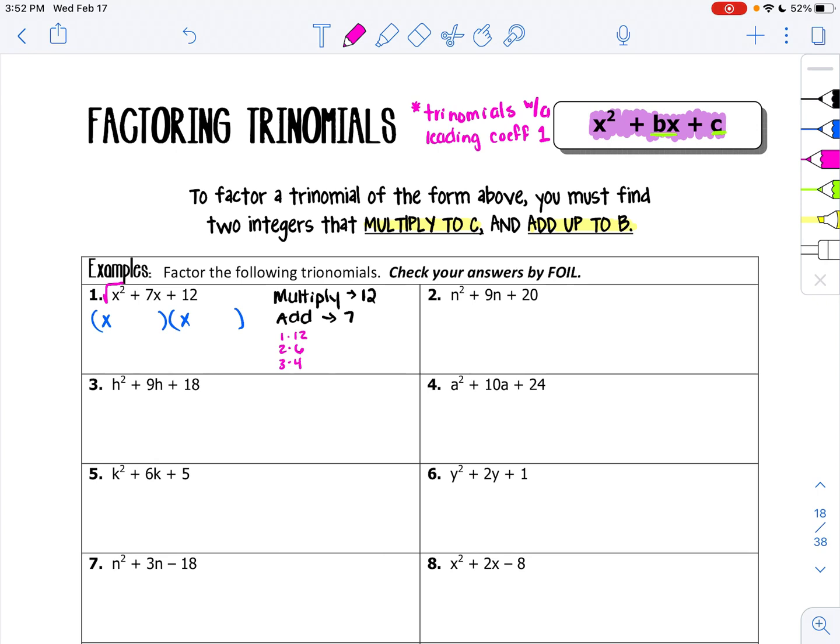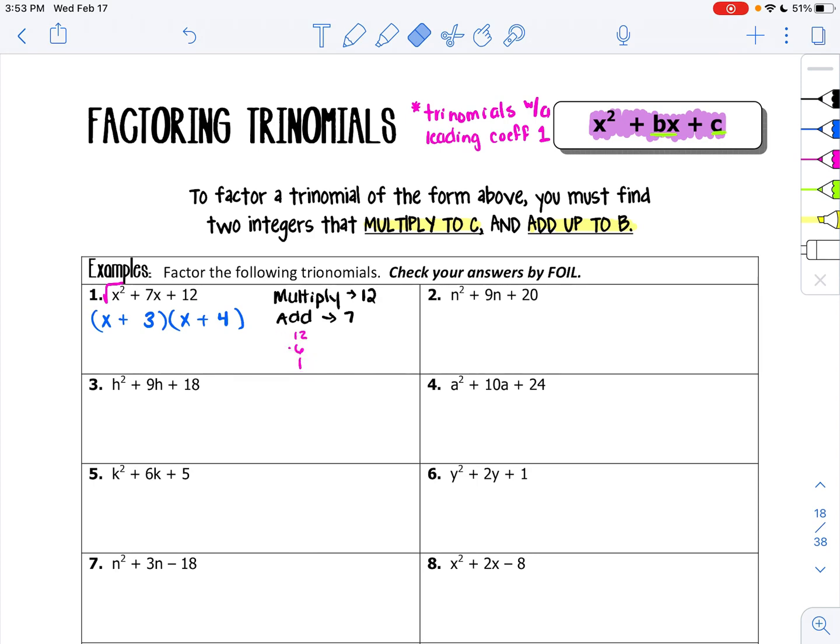Well, 1 plus 12 is 13, so it wouldn't be that one. 2 plus 6 is 8, so it wouldn't be that one. 3 plus 4 is 7. So the combination that multiplies to give me 12 and adds to give me 7 is 3 and 4. So 3 and 4 are the other two terms. And it's a positive 3 and a positive 4, because positive 3 times positive 4 is 12, and positive 3 plus 4 is 7.